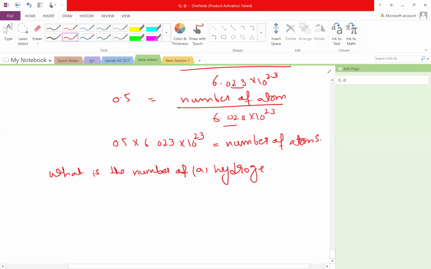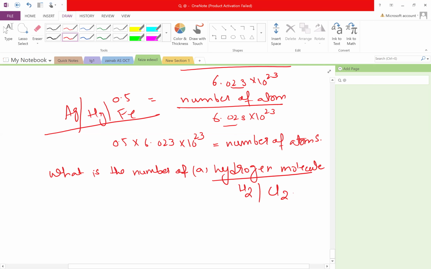Not atom. Atom means single, like argon is a single thing, like silver is a single thing, iron is a single thing. These are atoms. Now we are talking about molecules. What does molecule mean? Molecules mean double. They will be in H2 form like this one.